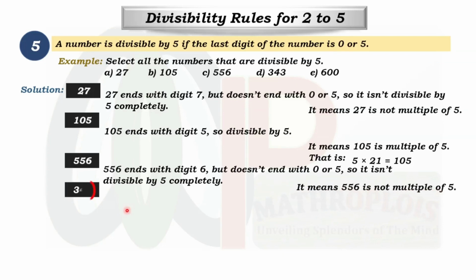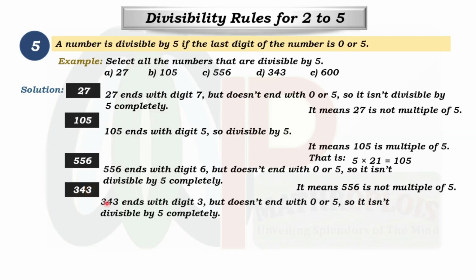Next number is 343. The number 343 ends with digit 3, but doesn't end with 0 or 5, so it's not divisible by 5 completely. 343 divided by 5 is equal to 68.6.